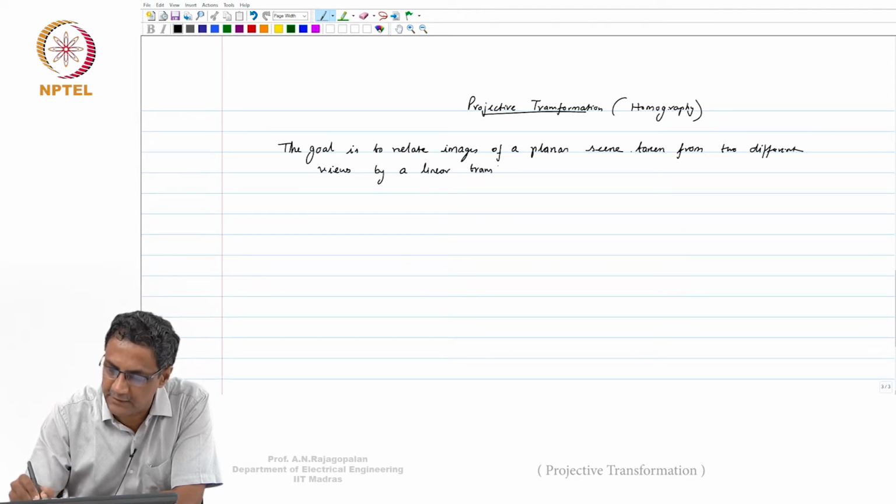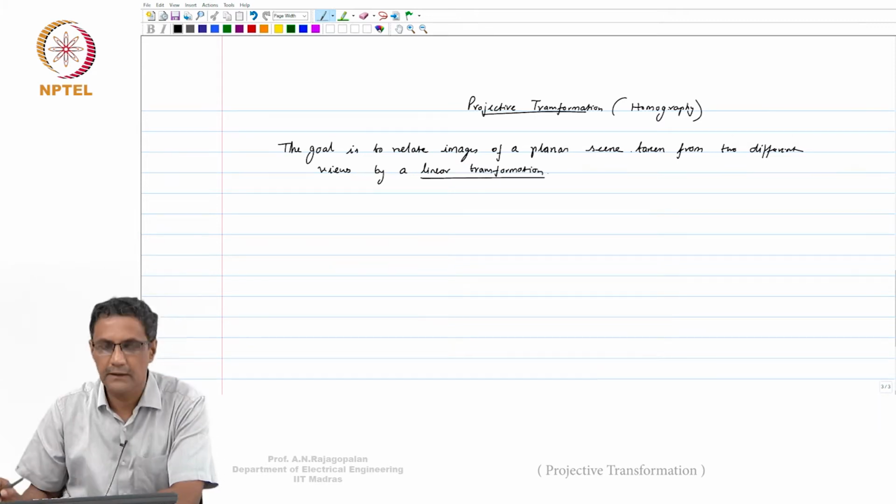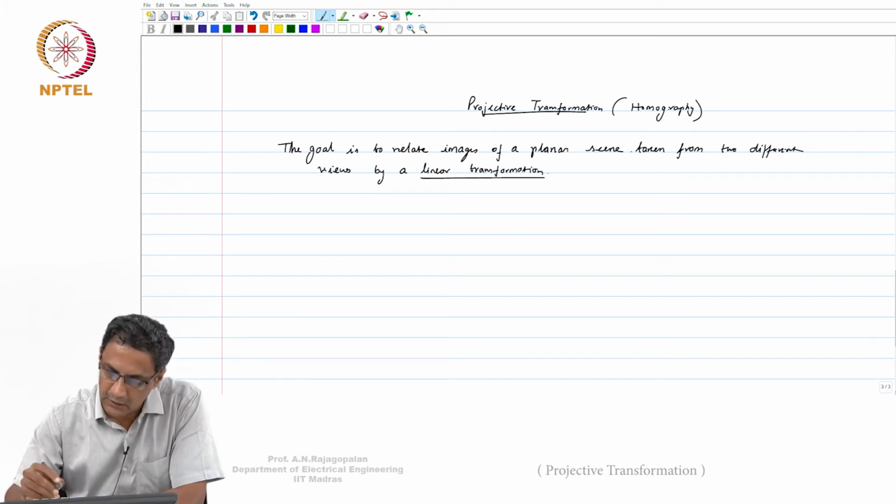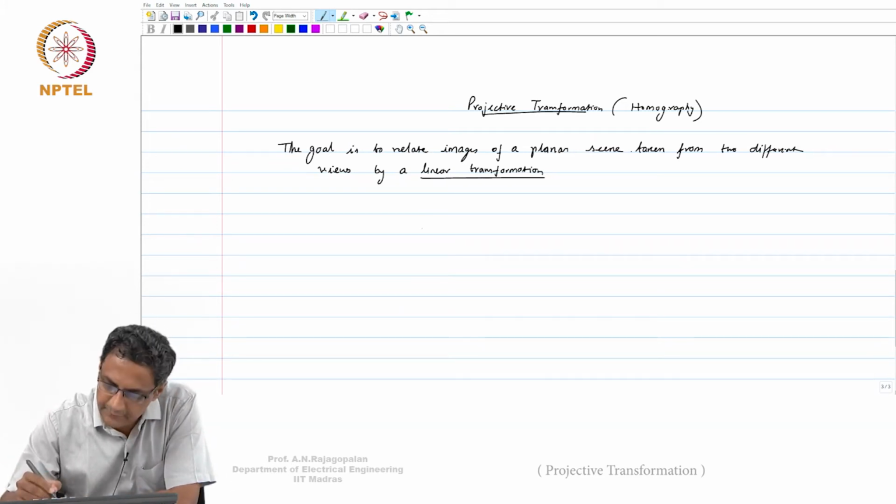Which means you want a matrix to be able to relate them by a linear transformation. Okay, that's the goal.